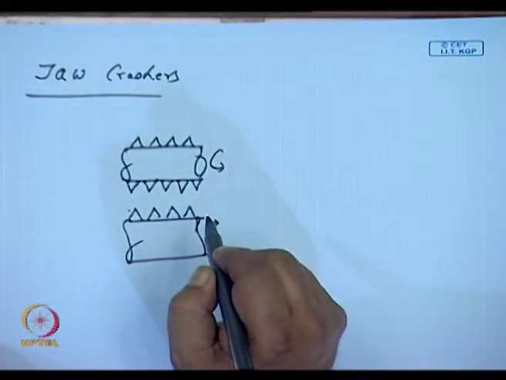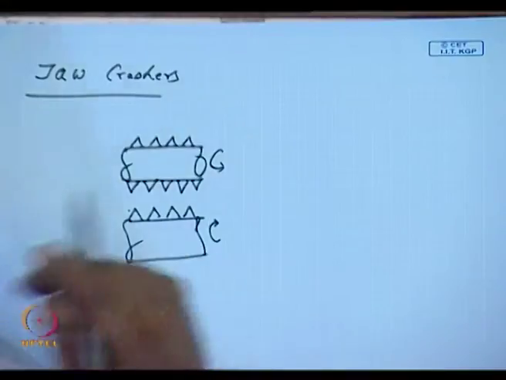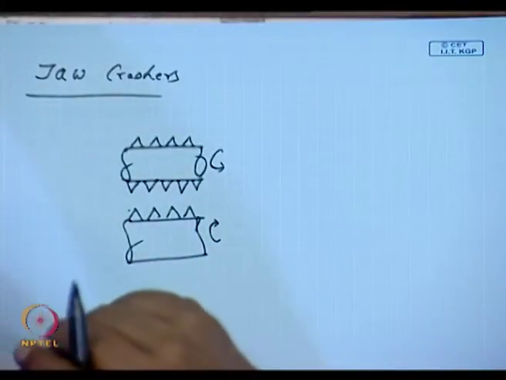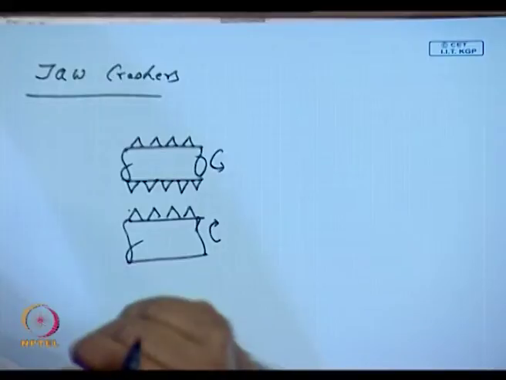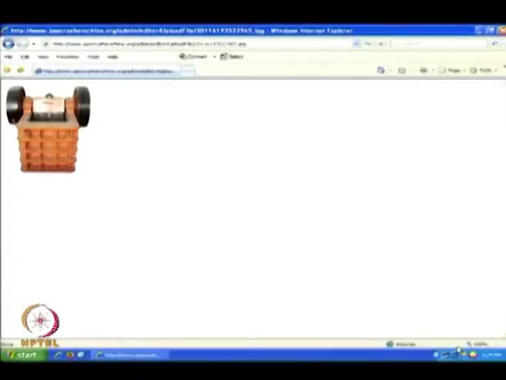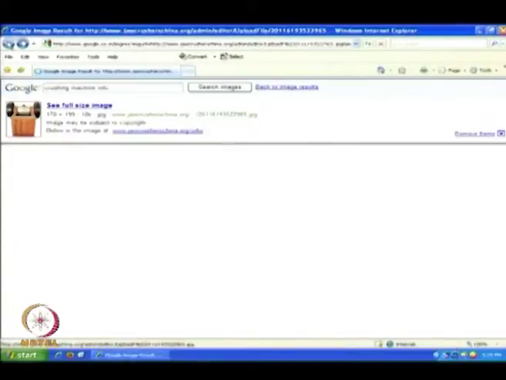If you look at this diagram on the screen, you will see that the feed goes through here. This is the belt. These are the big wheels which are rotated by the belt, and crushing occurs over there.